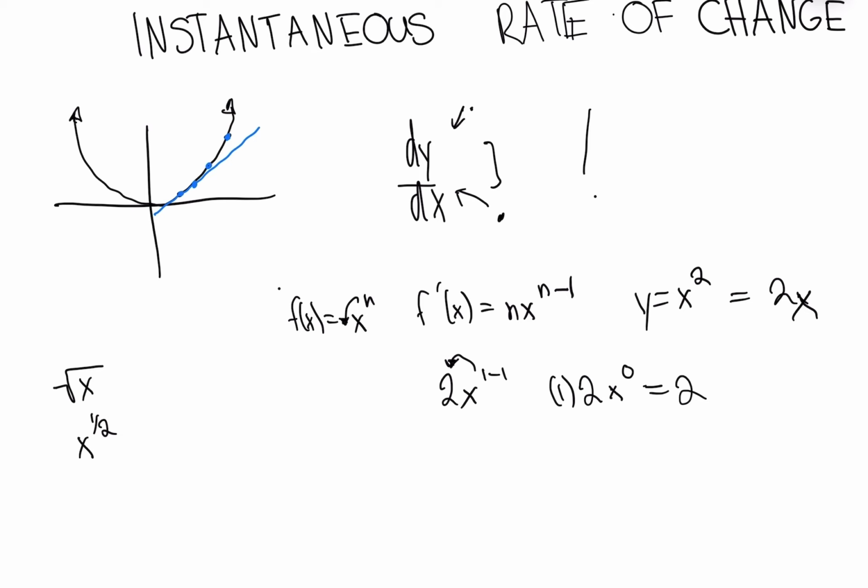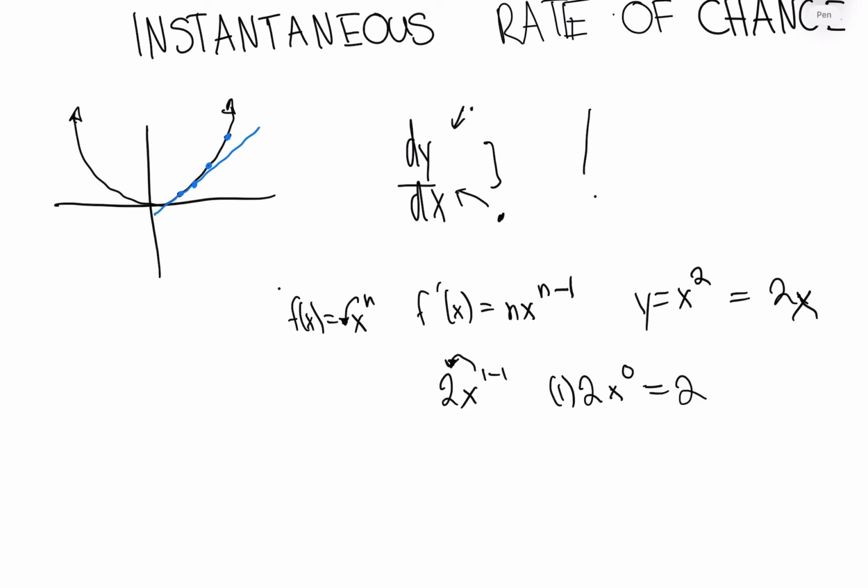So, if you try this yourself, you might come up with the answer of never. The reason this is a trick question is because the square root of x will never be 0 no matter how many times you differentiate it, because if you keep subtracting 1 from the exponent, minus 1, minus 1, minus 1, it'll never let you get the constant alone, which means it'll never become 0.